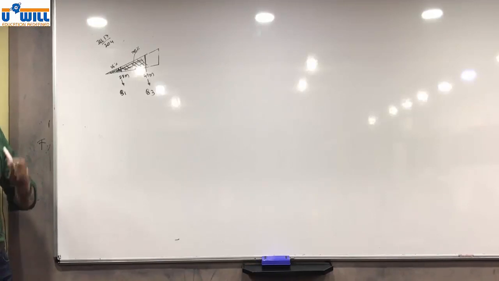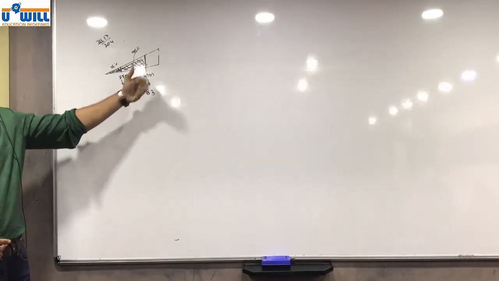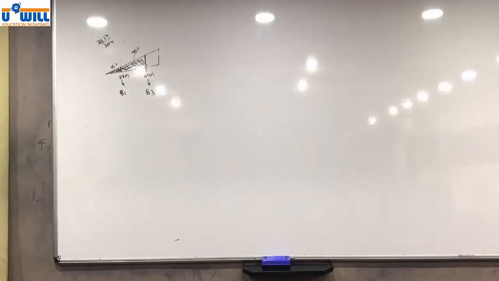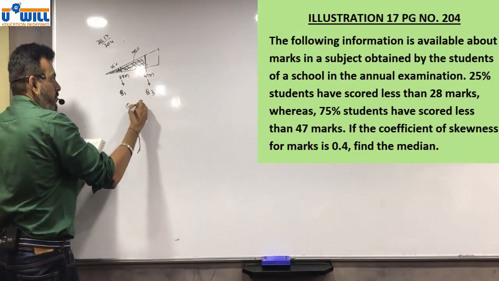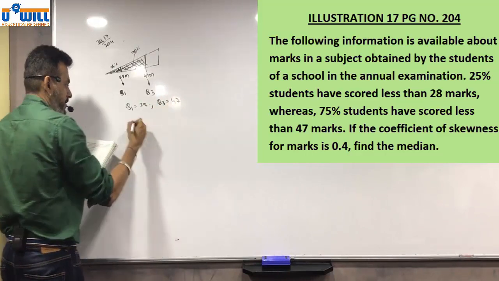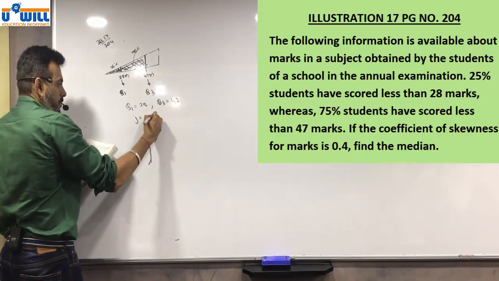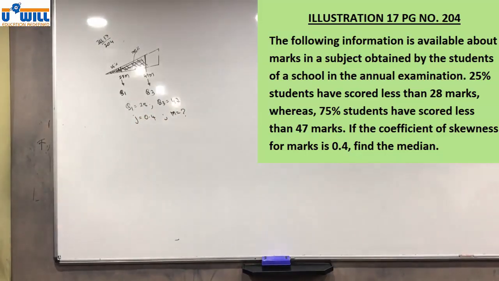Okay? If there is confusion in the exam, remember Q1 will be the lowest and Q3 will be the highest. Okay, what is given? Coefficient J. So we write first Q1 is 28, Q3 is equal to 47, J is equal to 0.4. We have to find the median.